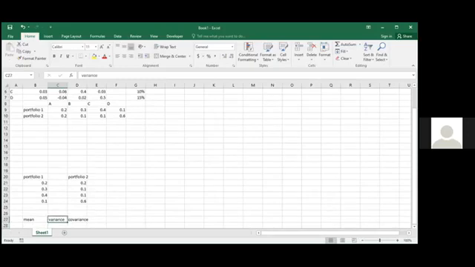Then remember, in order to calculate these values, sometimes you have to use the Excel functions and MMULT functions. You can multiply column values by row values.